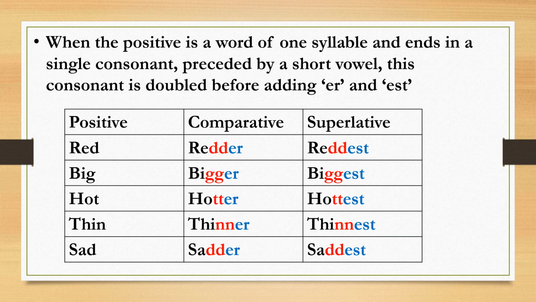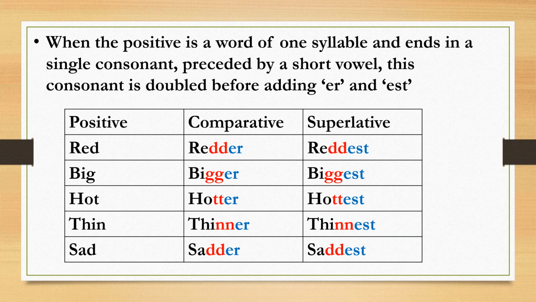It simply means that when the word in the positive degree is of a single syllable and it ends with a single consonant and has a vowel before it, in that case, the last letter of the word will be doubled in the comparative and superlative degree before adding an er in the comparative and est to the superlative degree.